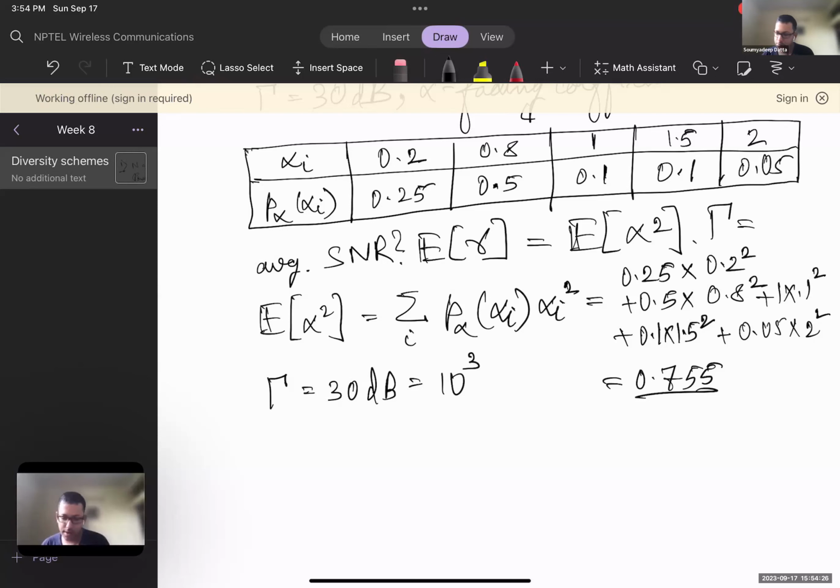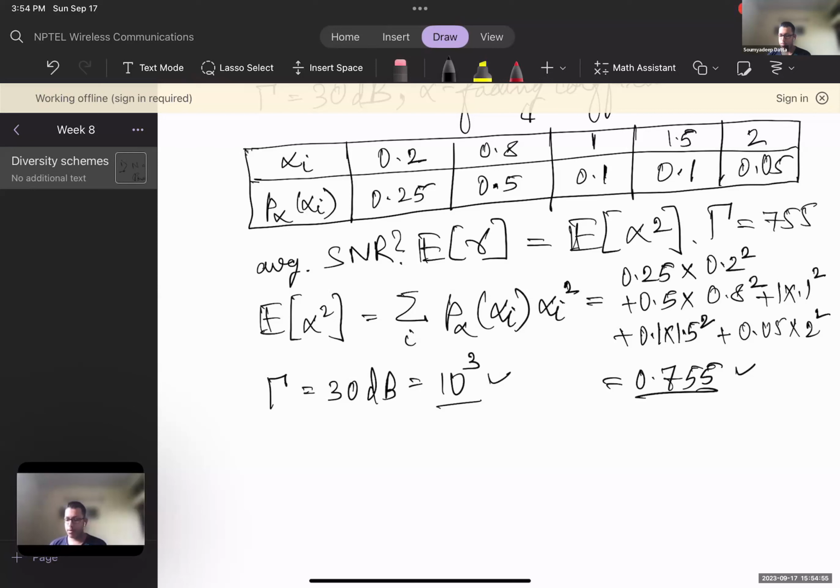It's 0.755 times 1000, so 755. When you are calculating in linear, calculate in linear and then convert to dB. So first calculate in linear, so it is 755, and then you convert to dB.